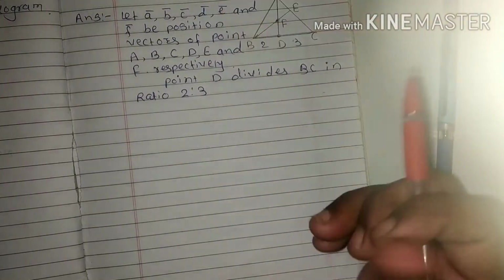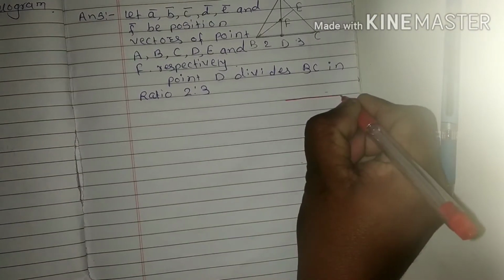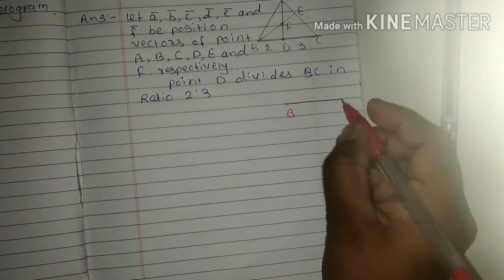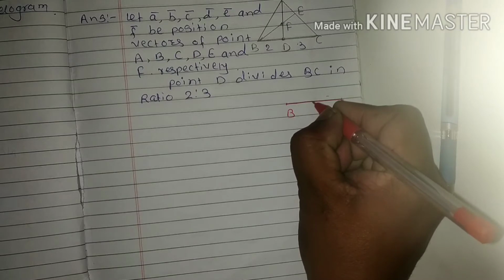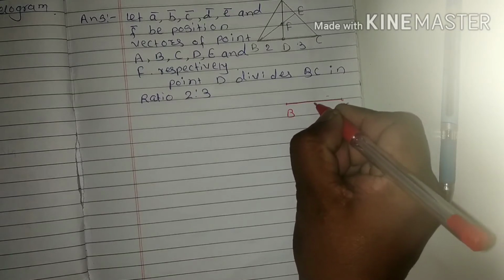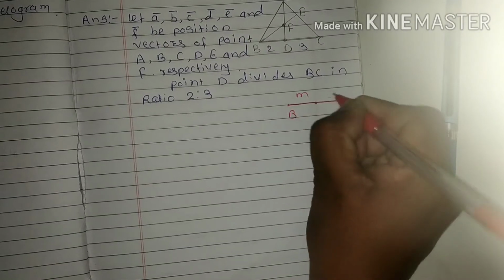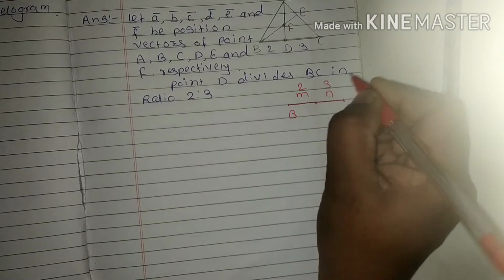Suppose the line BC, with points B and C, and D divides it in the ratio m:n, that is 2:3.